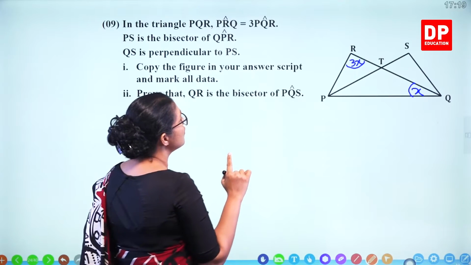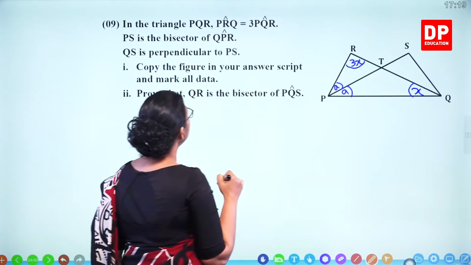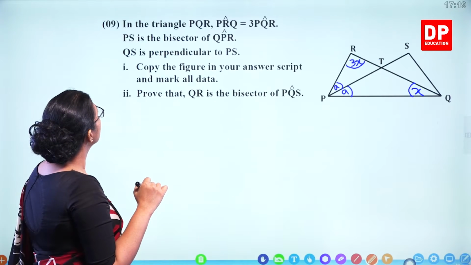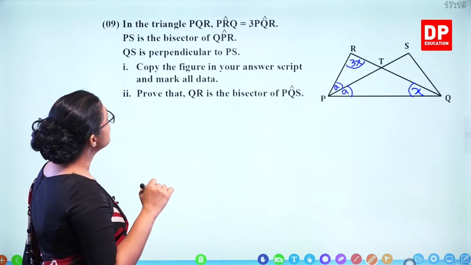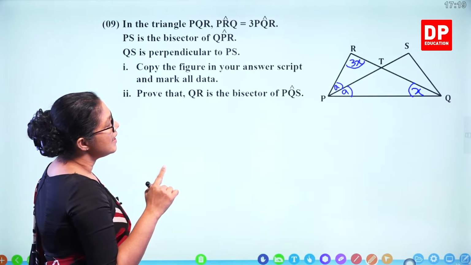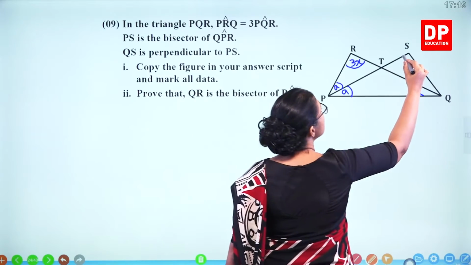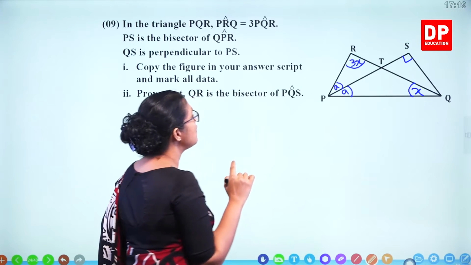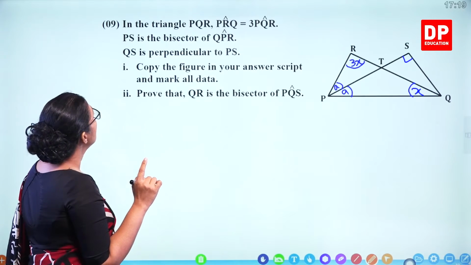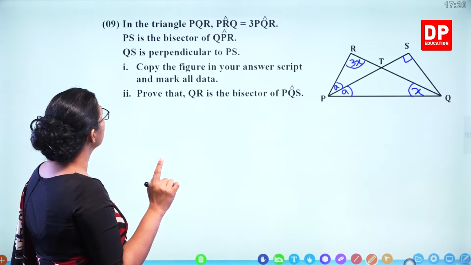PS is the bisector of QPR. So that means if this is A, this is A. QS is perpendicular to PS. So this is 90. Those are the information given. Copy the figure in your answer script and mark all data.